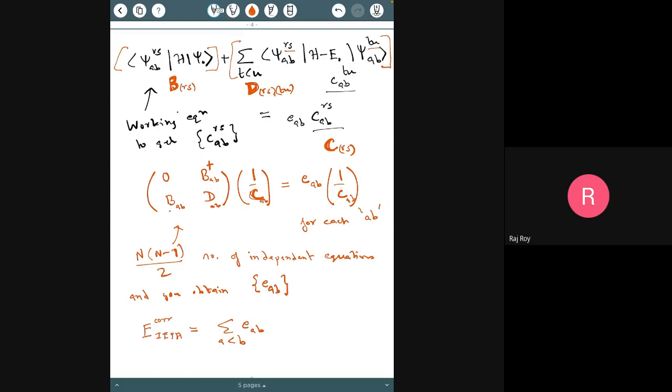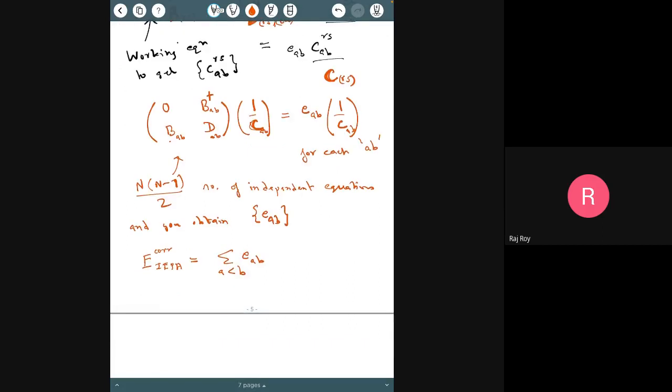So that is basically the method. And as you can see, it is also then computationally relatively cheaper than a CI. Okay, and this is also the starting point for coupled cluster theory.